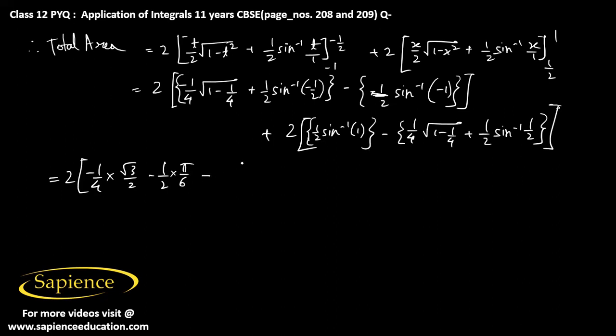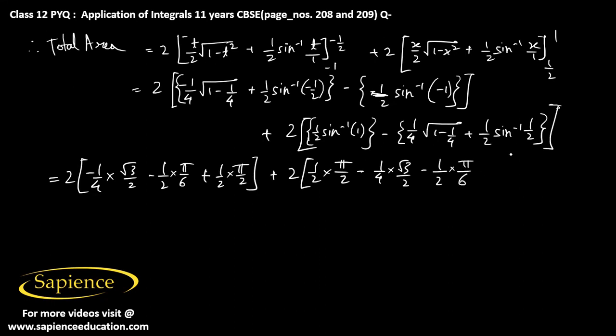Then minus times minus will be plus, half into sine inverse 1 is pi by 2, plus 2 into half into sine inverse 1, that is pi by 2, then minus 1 by 4 into square root of 1 minus 1 by 4, this will be root 3 by 2, then minus half into sine inverse half, that is pi by 6.